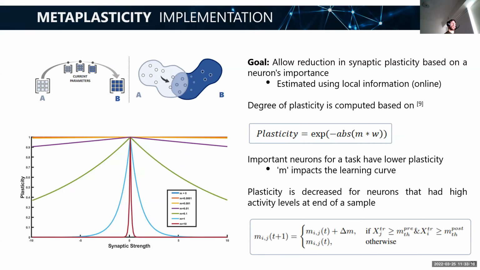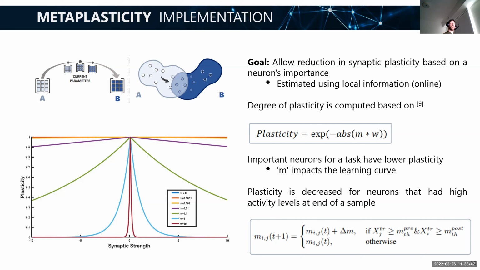Our goal is to reduce the synaptic plasticity based on a neuron's importance. I mentioned earlier that we can estimate importance using a variety of information. But often, we need to know when a task is over so that we can take all the information about the network during that task, about the gradients or the network responses, and compute different forms of metrics to measure importance.